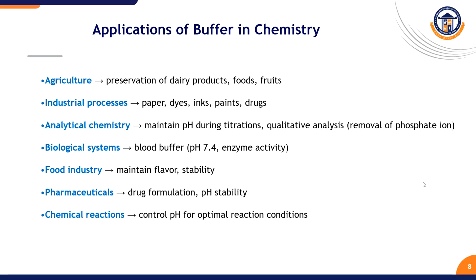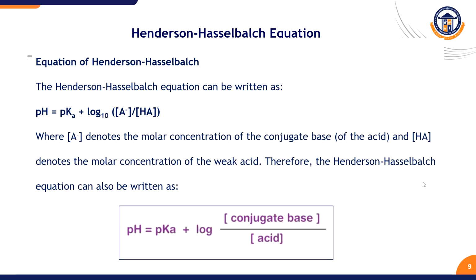So, nature itself provides a lot of buffers in our body to maintain the pH. In the food industry, pharmaceutical industries, and chemical reactions, maintenance of the pH is required to get the quality and desired products. It is very, very essential. So the pH is maintained by using the buffer solution.